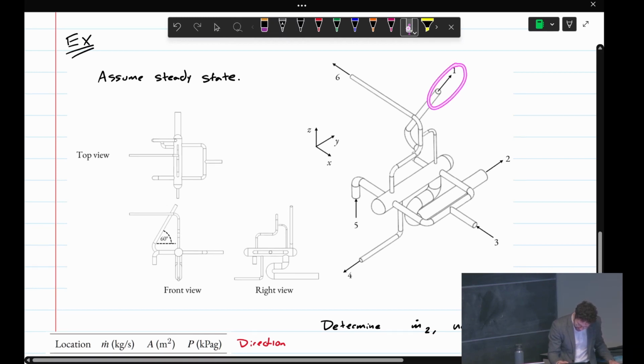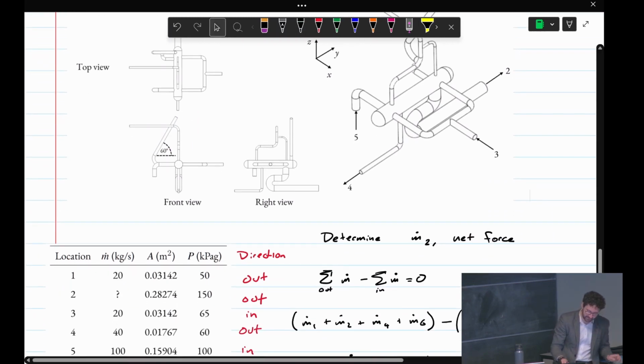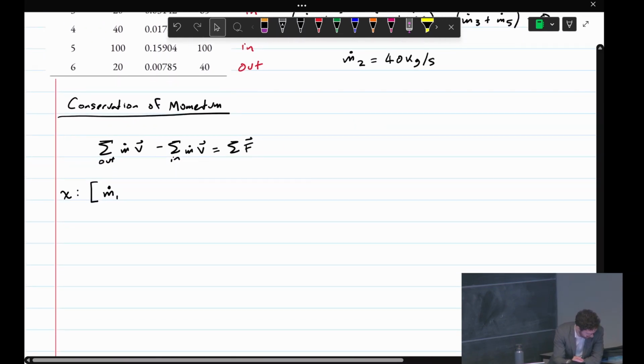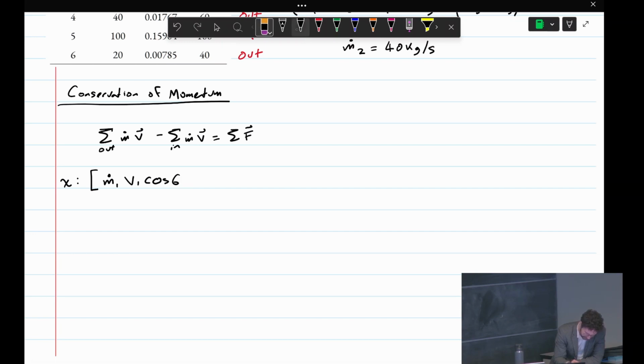So R1, our flow in the 1, has a positive x component, basically it would be V1 cos 60 because I gave you the angle here that pipe makes. And that's positive because we're in the positive x direction. So m dot 1 V1 cos 60. We're still doing the out. We're still doing this first term.